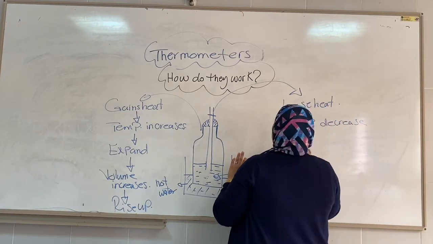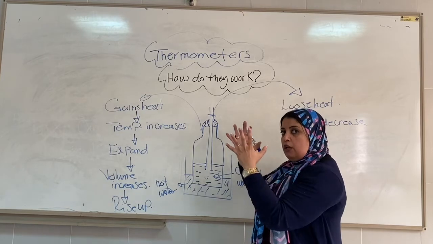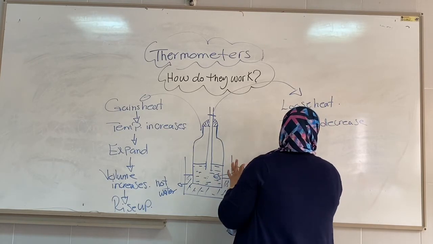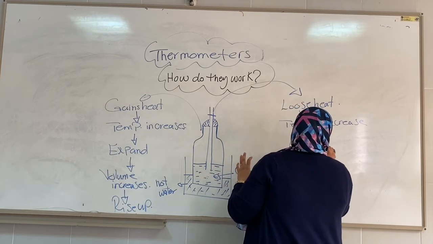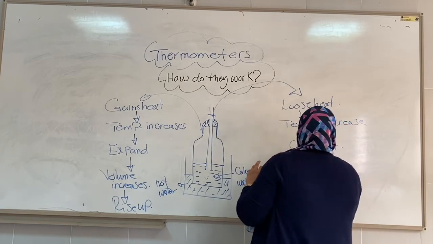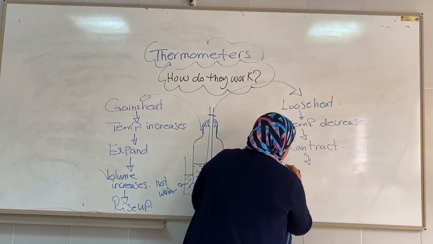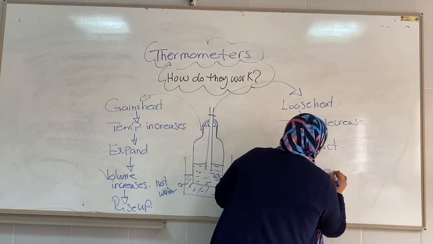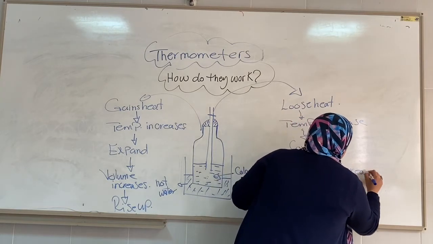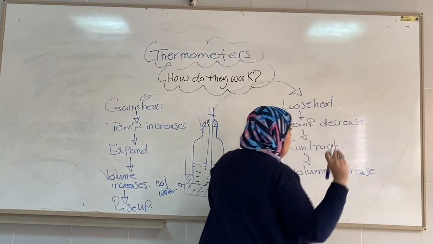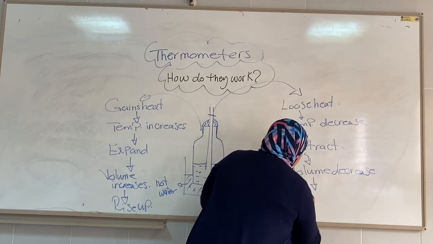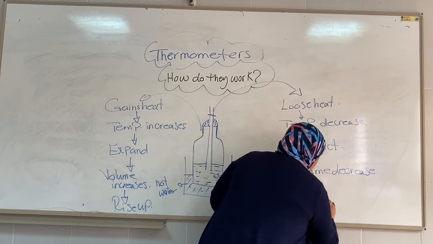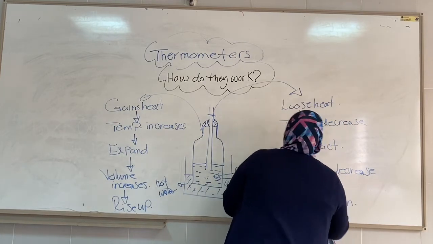Decreasing temperature means that it will contract. Remember that word too? It will be smaller. And when it contracts, its volume will decrease. It will be smaller, taking smaller space. That's why it will fall down through my straw.